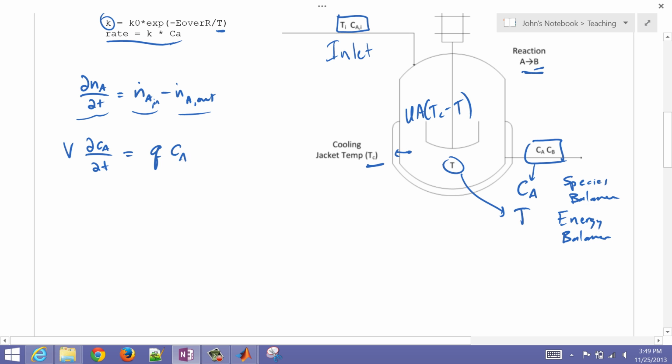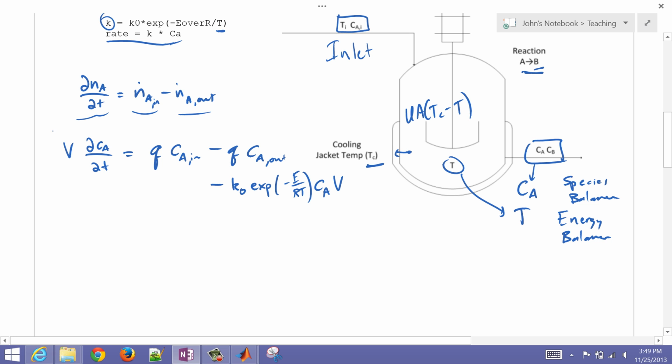Okay, and then that's times CA in, coming into the reactor, minus Q times CA going out of the reactor. And then we also have a reaction term as well. So what's leaving is also K naught exp of negative E over RT, then times my concentration of A times a volume.